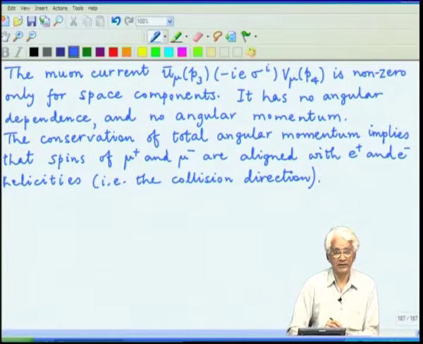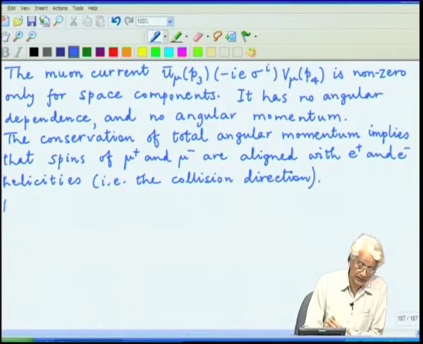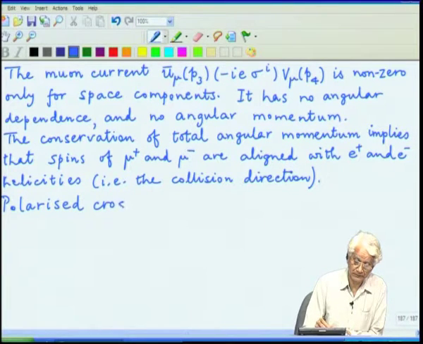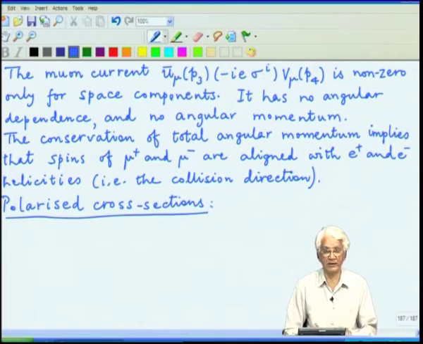having the beams E plus and E minus polarized in specific directions, and then we can worry about what will happen to the different possibilities where the E plus and E minus have the same polarization, opposite polarization.